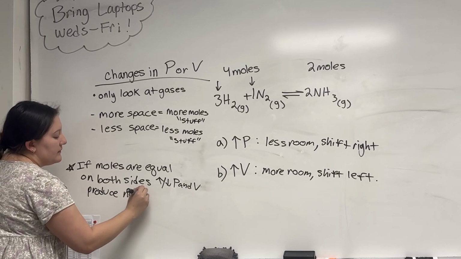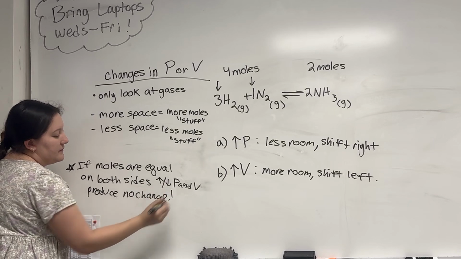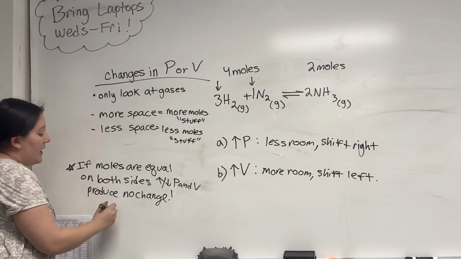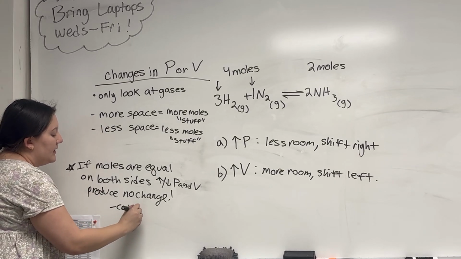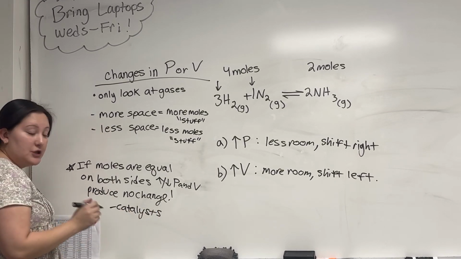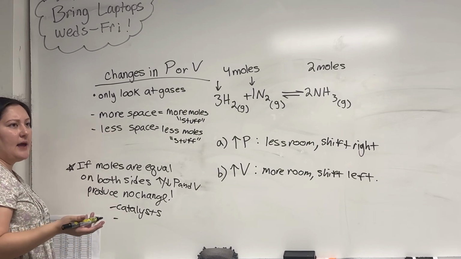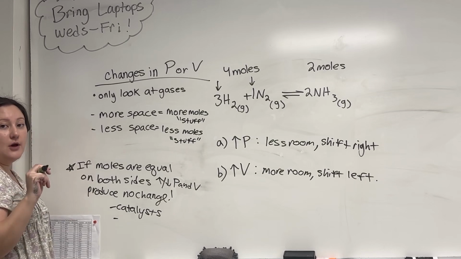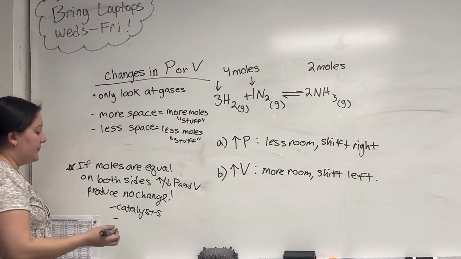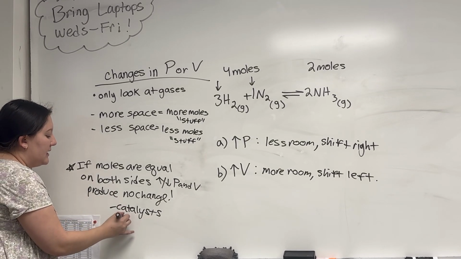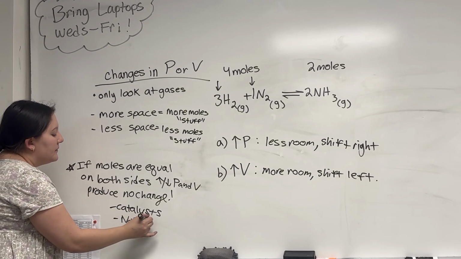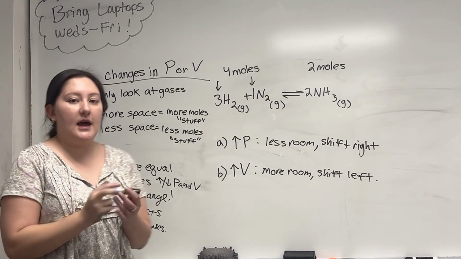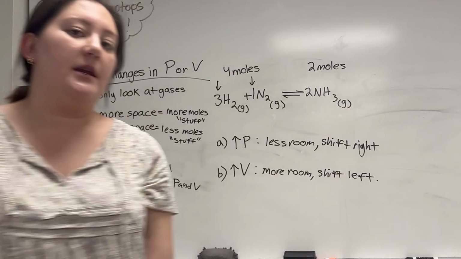Two other things that produce no change: catalysts, no change, and if we added, let's say, neon or argon, any of the inert noble gases, that wouldn't change it either. So catalysts and noble gases also don't change it. All right, and that's going to be the end of the first video of me explaining all that to you.